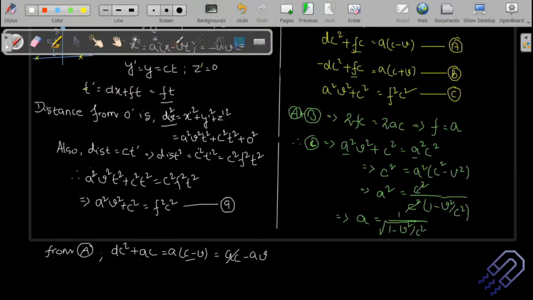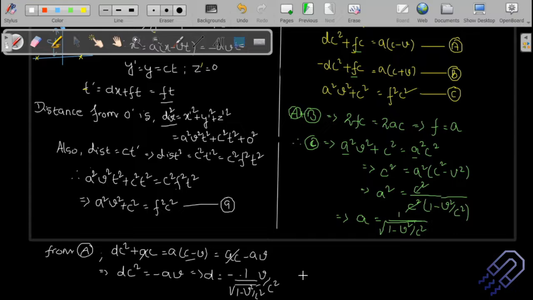So this AC and this AC will get cancelled out, and then I'll be left with D c square is equal to minus of AV, or D is equal to minus of A into V divided by c square. But then what is a? It is this, so we can replace it here, 1 divided by root over 1 minus v square by c square. So we basically have got this particular relation.